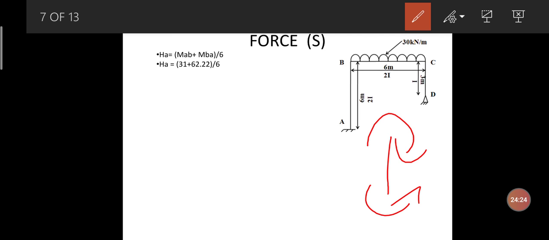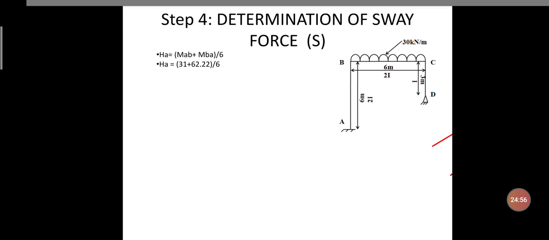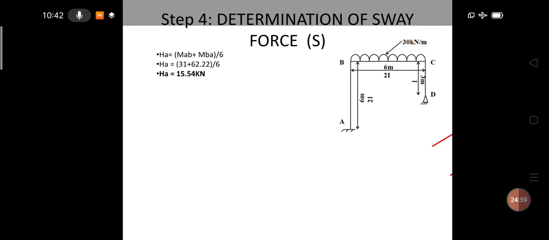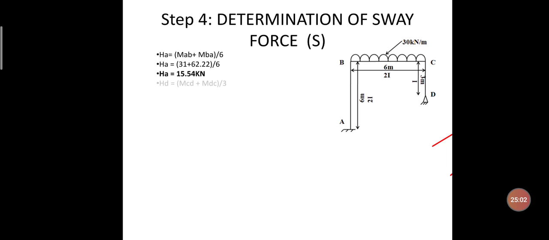Both are in the clockwise direction, as per the moment distribution table, both are positive, so I have taken it as same here. So 31 plus 62.2 divided by 6. I have calculated the value here, so HA is equal to 15.54 kilonewton.